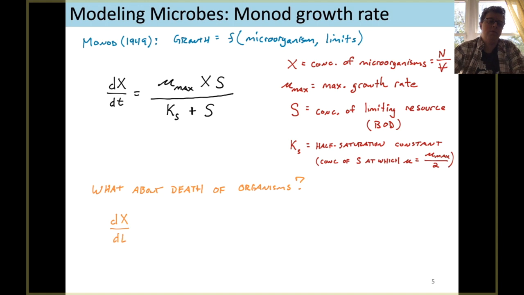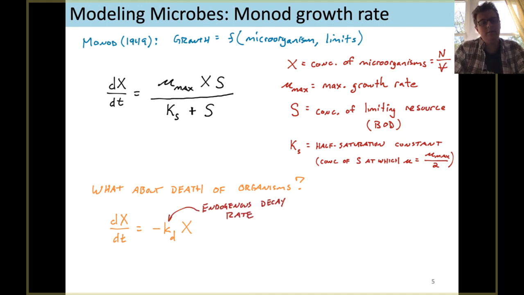So what's written there in black describes the growth part of microbes, and of course things that grow and live will ultimately die, and we'll represent that death as a first order coefficient, so a minus kd, think of d as decay or death, times the concentration.